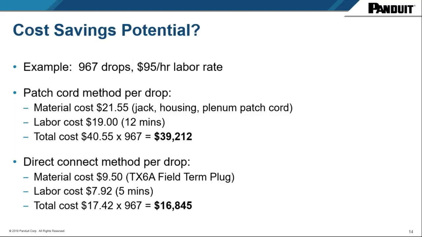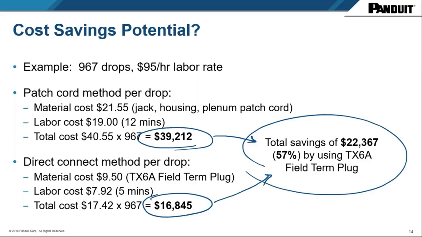And when you look at the net effect, comparing the total cost for installation of the patch cord method versus the direct connect method per drop, it's a savings of over half the total amount. In this case, over $20,000, or about $23 per drop, that is being saved by using the field term plug.